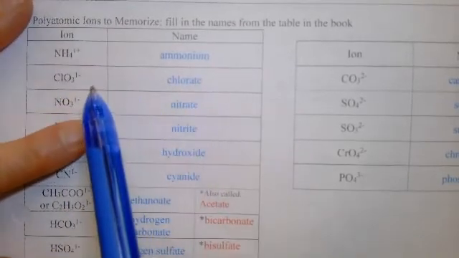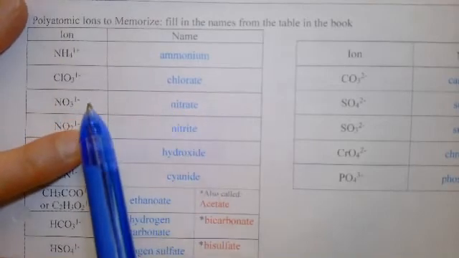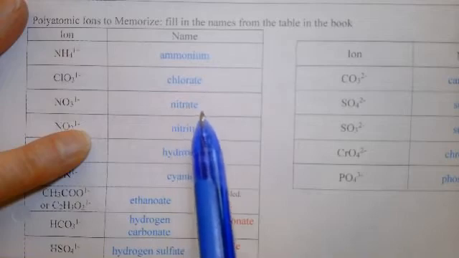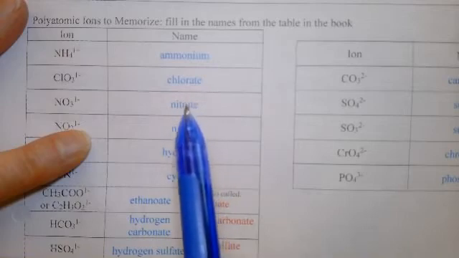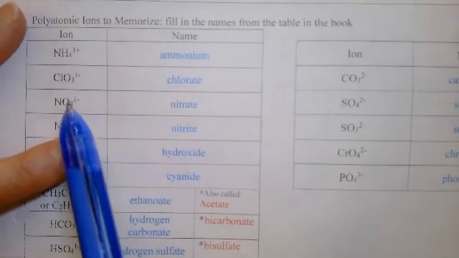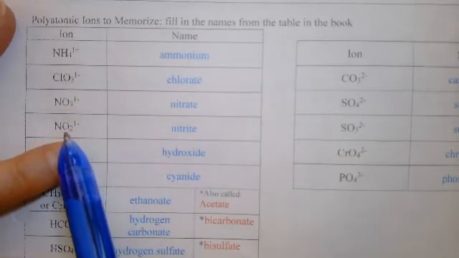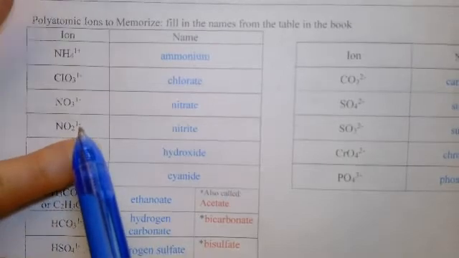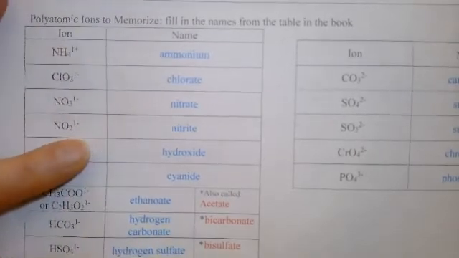The ClO3 with the 1-, that's chlorate. NO3 1- is nitrate. So that ate ending there, if we were to check and say, okay, we also have nitrite, we would know that that would be one fewer oxygen. So it would be NO2 for nitrite, but it still has the 1- charge.